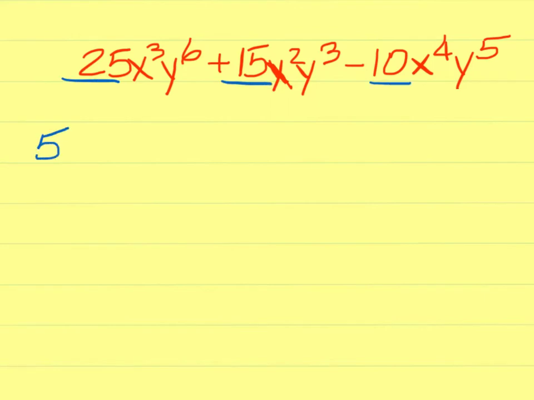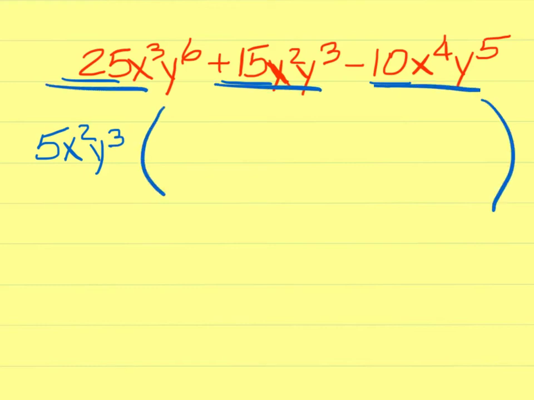And the lowest power of x is x squared, and then the lowest power of y is y to the third. You have to divide all of these by 5x squared y to the third. When you do that, you're left with 5x y to the third plus 3 and then minus 2x squared y squared.